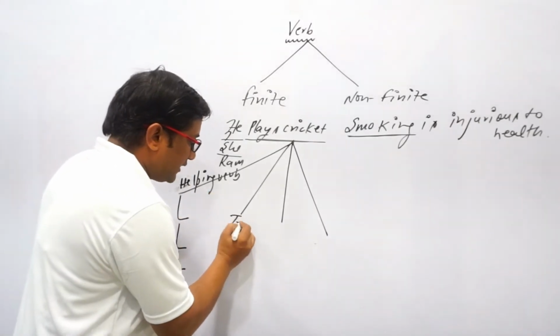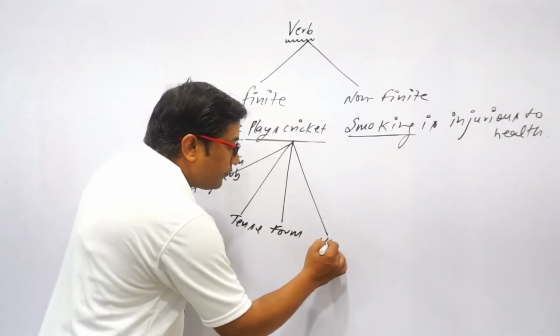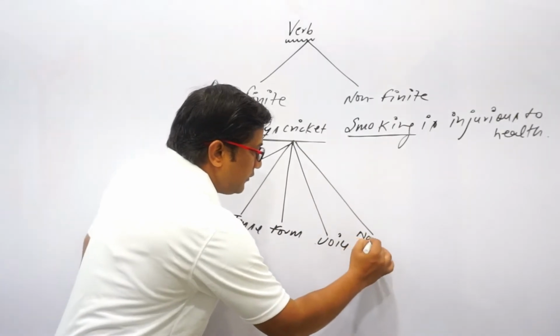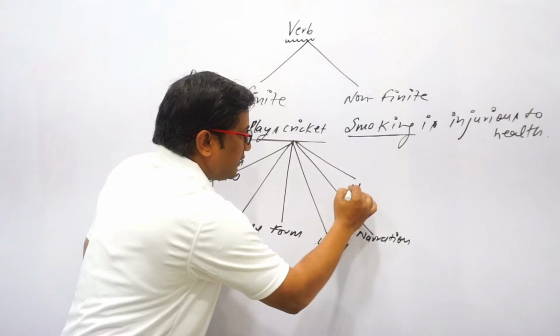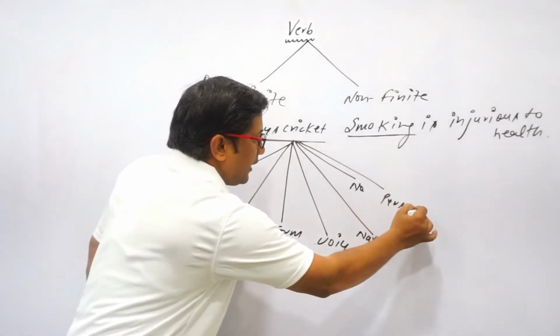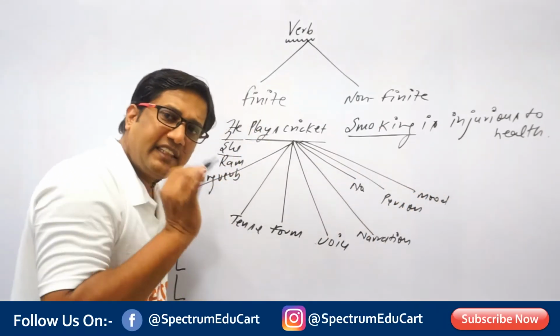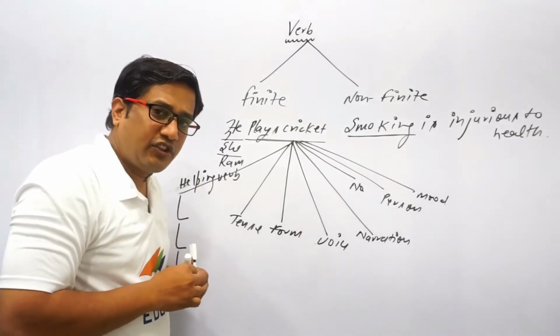Next is tense, then form, then voice, then narration, then number, then person, and then mood. These many topics are covered in the verb chapter.